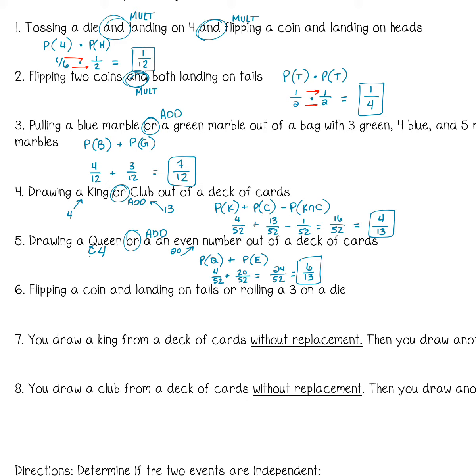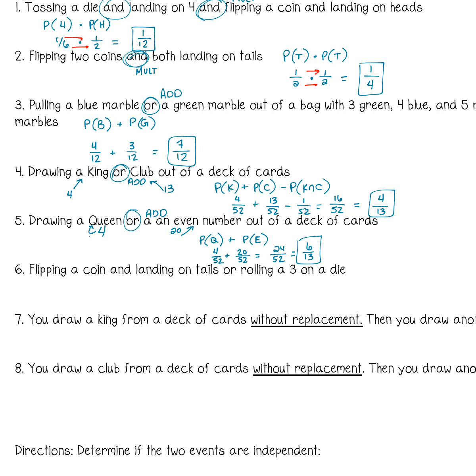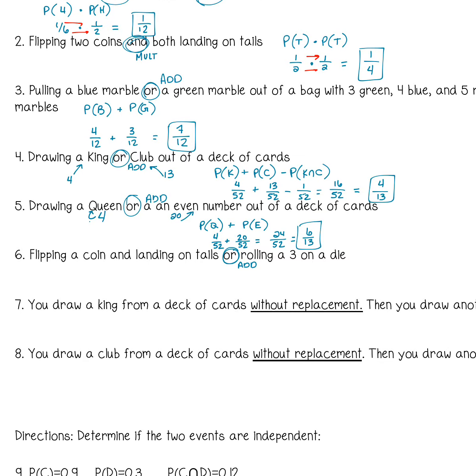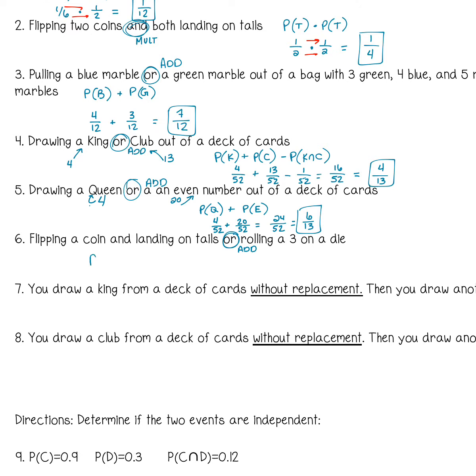Flipping a coin and landing on tails, or rolling a 3 on a die. Or means add. Great job. Okay, so flipping a coin, so probability of tails plus probability of a 3. Does the coin affect the outcome of the 3? It does not, so they are mutually exclusive, so we don't have to subtract anybody. There's no overlap.